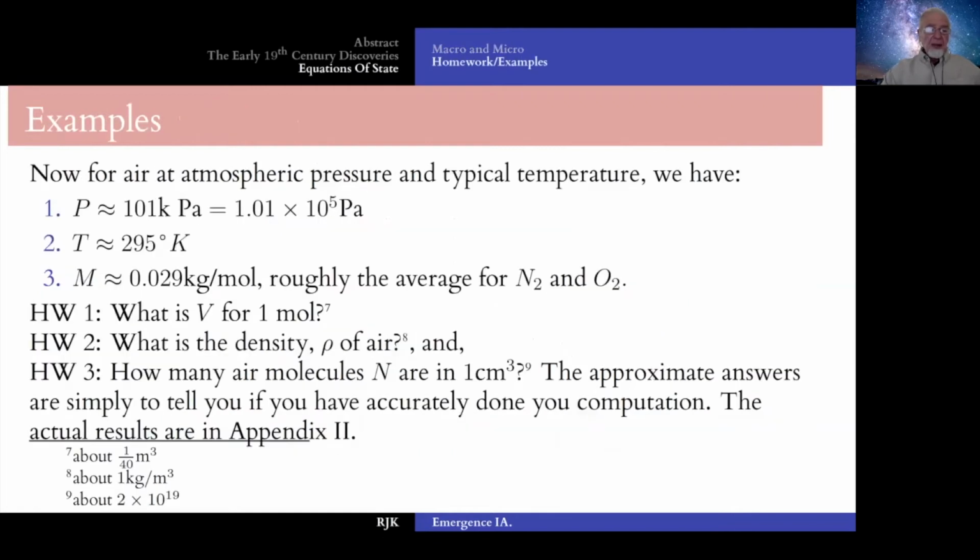So for air at atmospheric pressure and typical temperature, we know that the pressure is about 101 kilopascals, pascals, I guess they are. Anyway, 1.01 times 10 to the 5th pascals.